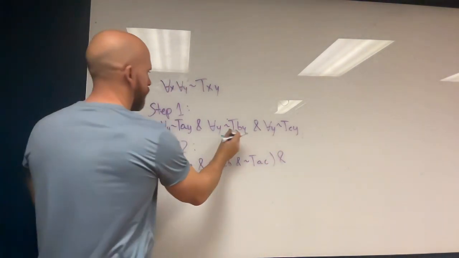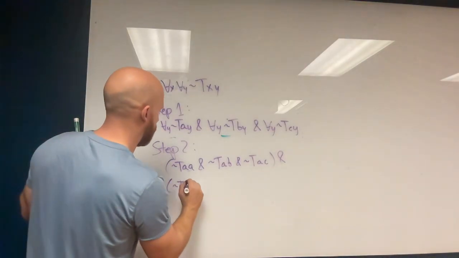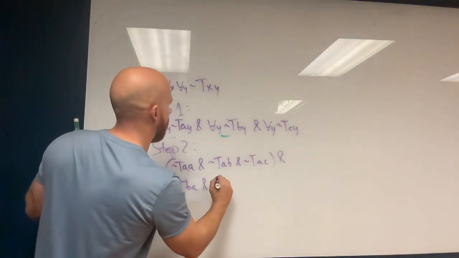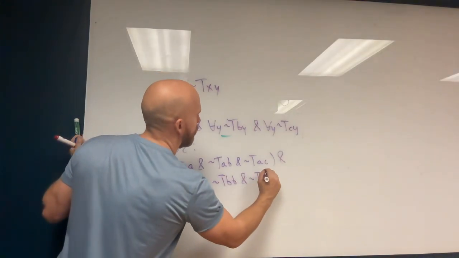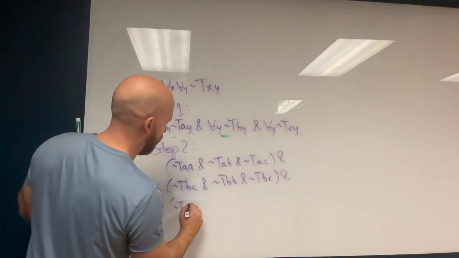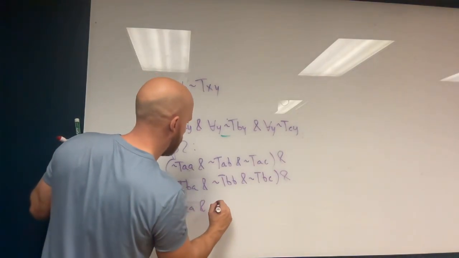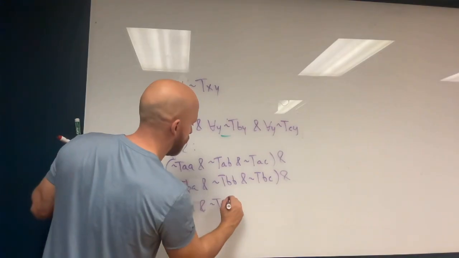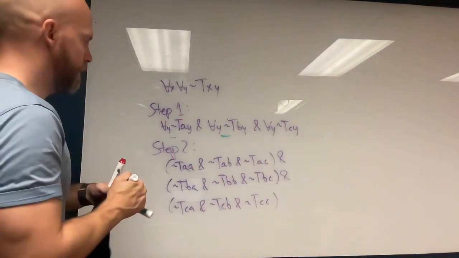We're going to move over here to our second, same drill: not TBA and not TBB and not TBC. Conjunction again, move on. Not TCA and not TCB and not TCC.